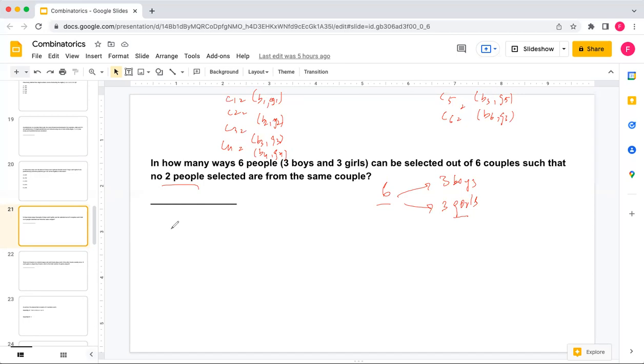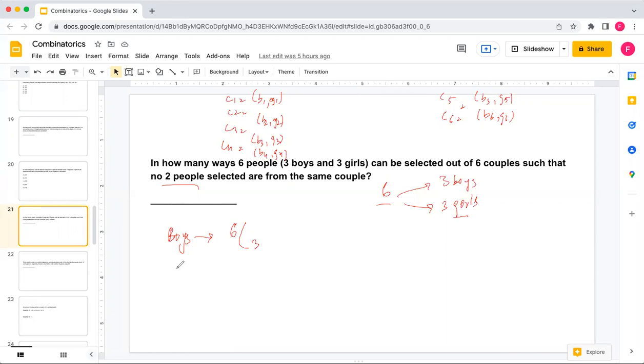First of all, let's pick boys. To pick the boys, how many ways do we have? We have 6 couples, and from 6 couples we need to choose 3.